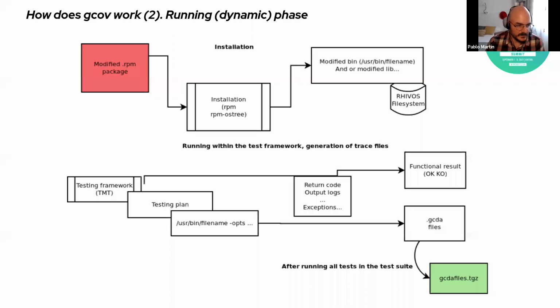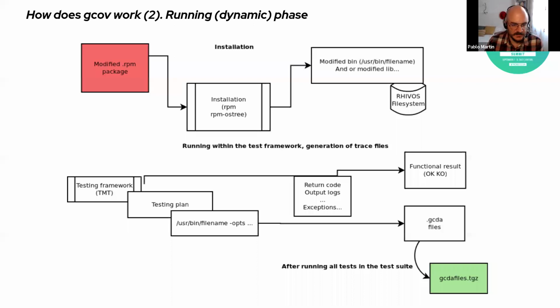Then we run within the testing framework. We use TMT, an open source product led by Red Hat, to perform the tests. They run a coordinated test plan, and in the end, there is the functional result, the same that we have to get without code coverage, and then the GCDA files.